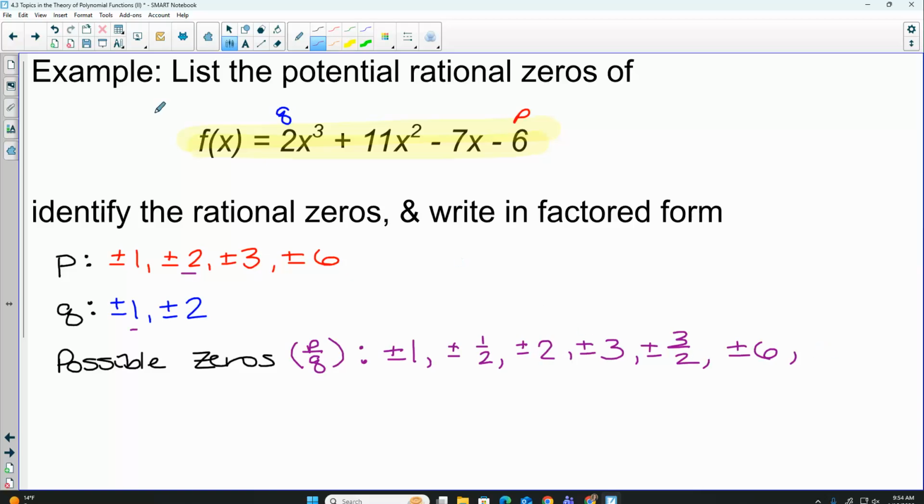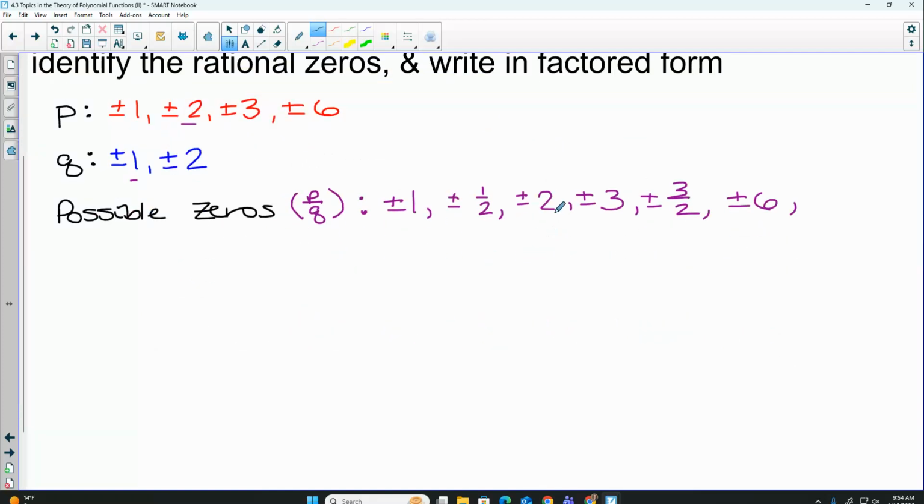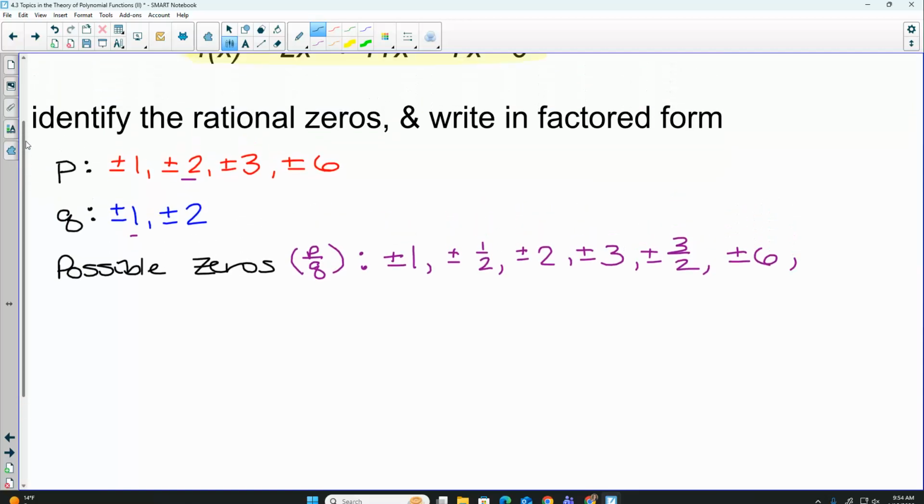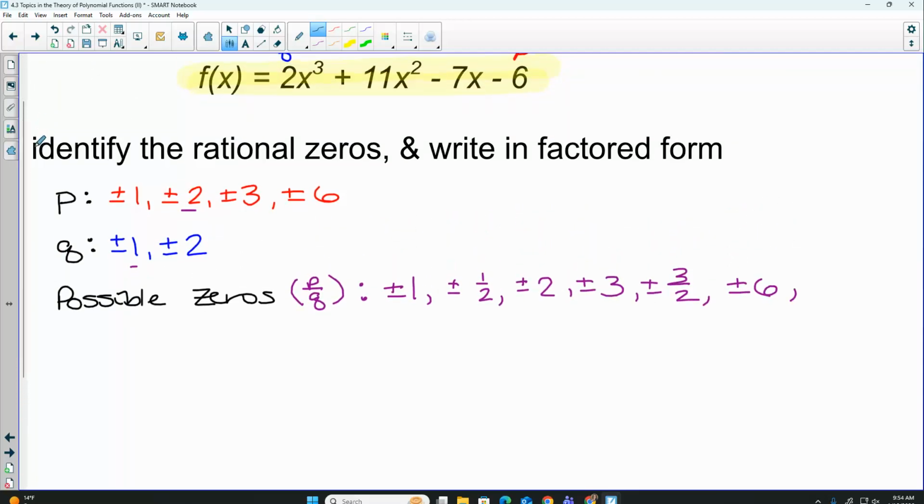Okay, so what we have just found is there are 12 possible numbers that could be a 0. We have to find one that works from this list of 12. So if it works, what should we get for a remainder when we plug it in? 0.